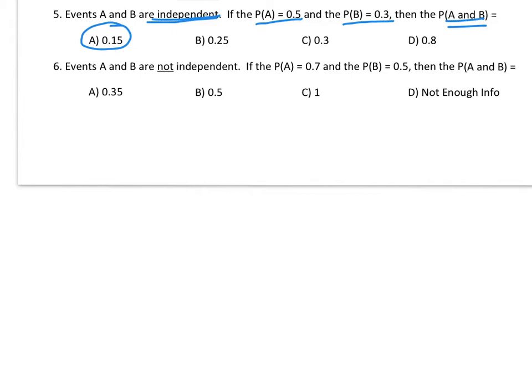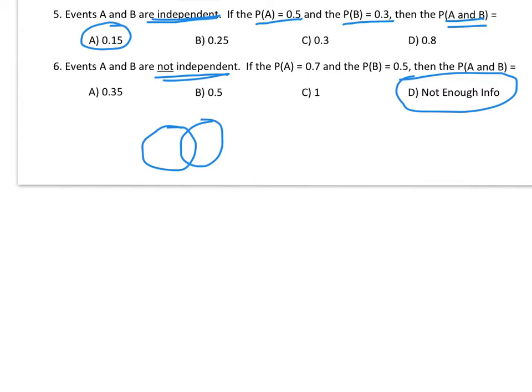But if A and B are not independent, so if they're dependent, and A is 70% and B is 50%, then in this case we do not have enough information, because in our Venn diagram we don't know how much those two circles are going to overlap. We don't know if it's just overlapping a little bit or if it's actually overlapping a lot. That would all depend on what those two sets would happen to have in common.